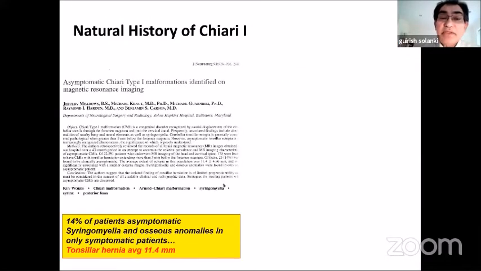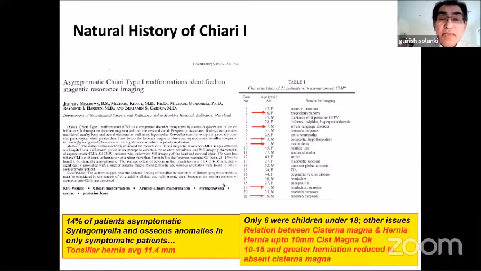So that's been well accepted. What is the natural history of Chiari? I'm simply talking here about Chiari 1 because that is the one that we can assess better. So you can see the asymptomatic Chiari type 1 malformations.